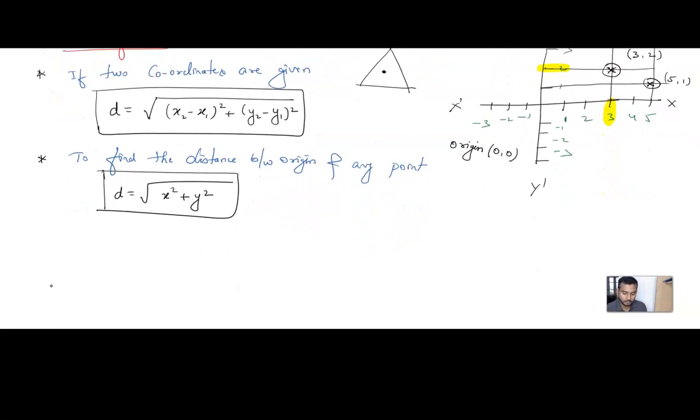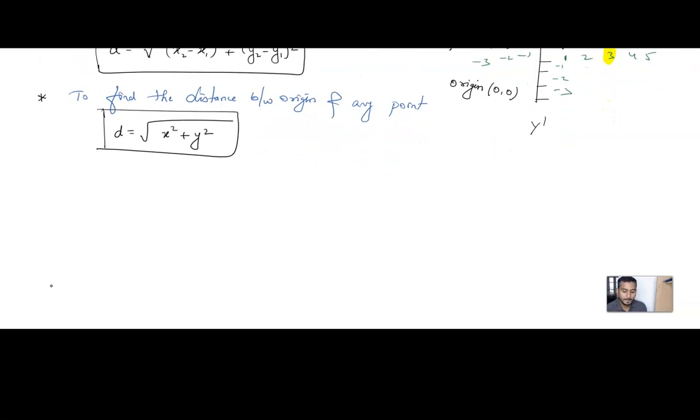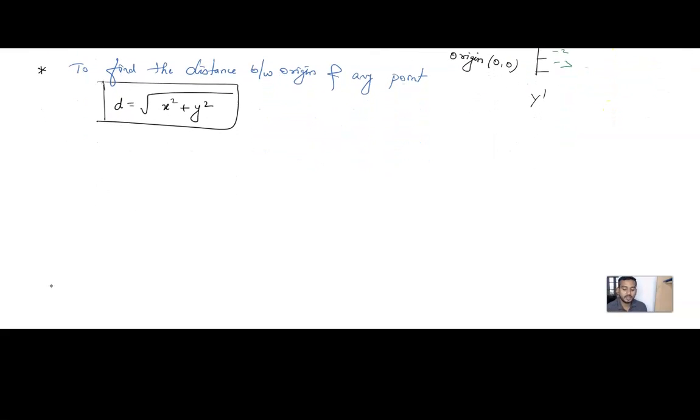Please make a note of these things. So how has this formula come? Root of x square plus y square. Let me define that first. What are the coordinates at the center, at the origin? 0, 0. See, children, if we have only one value, we write that as x.